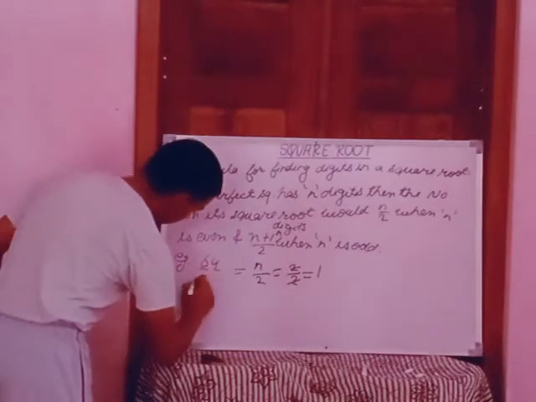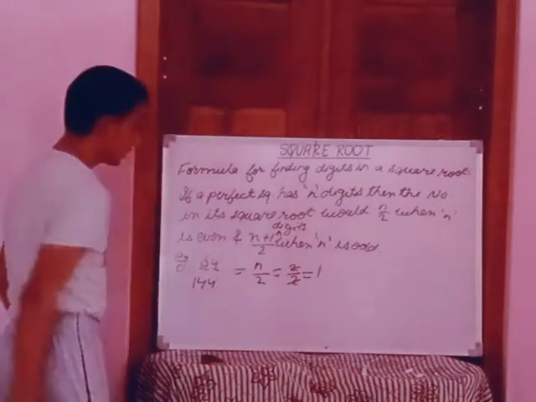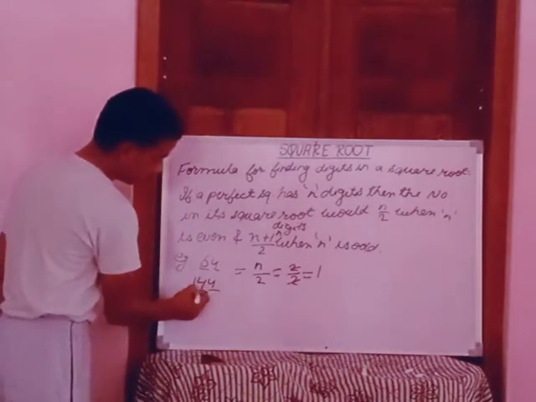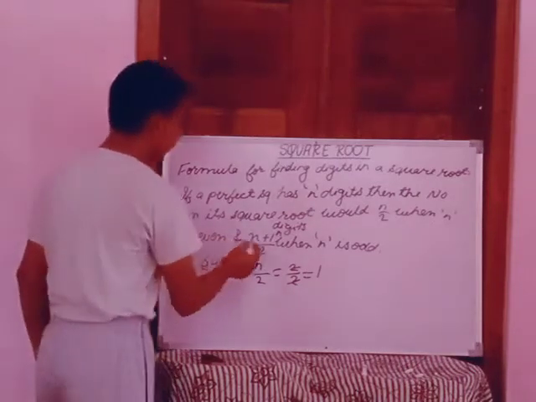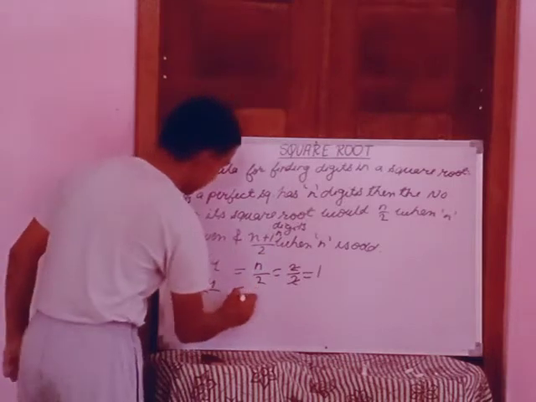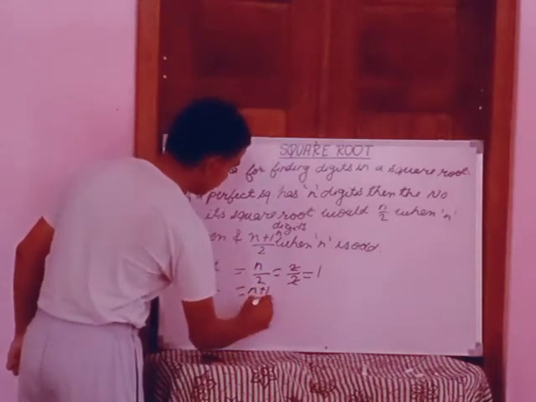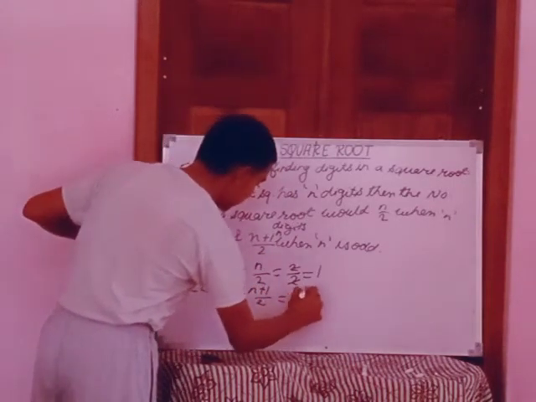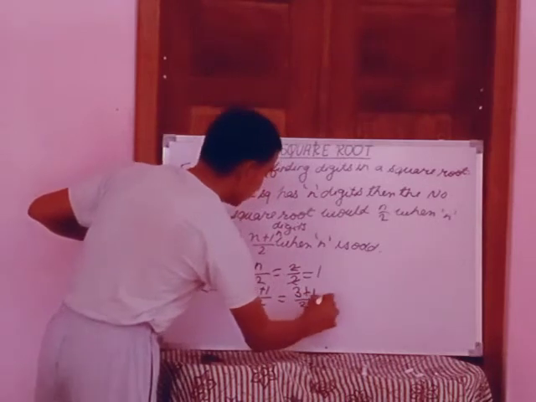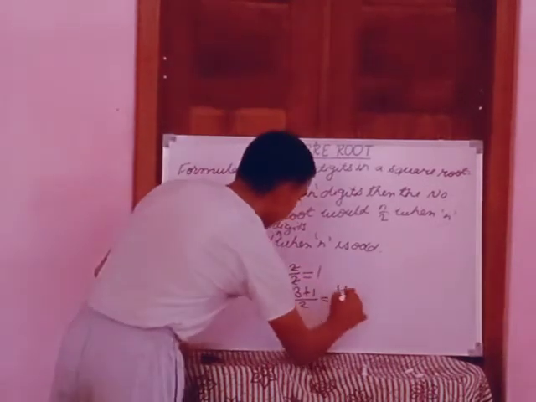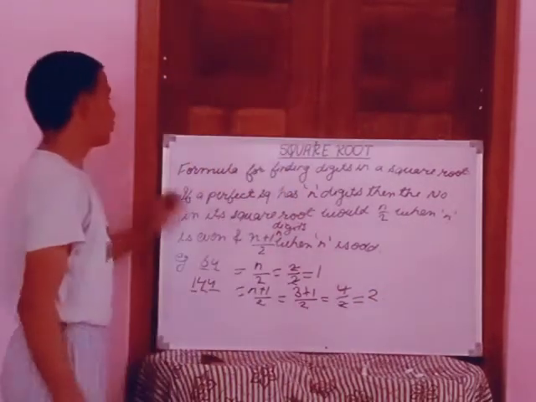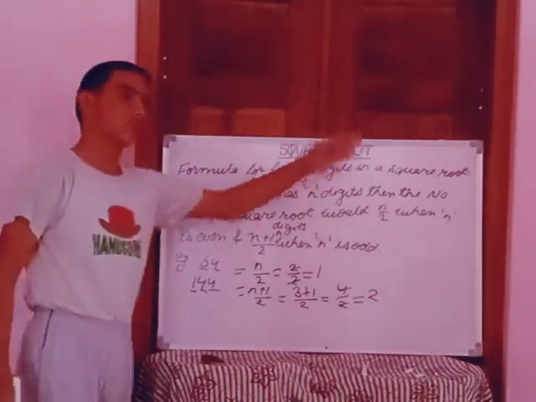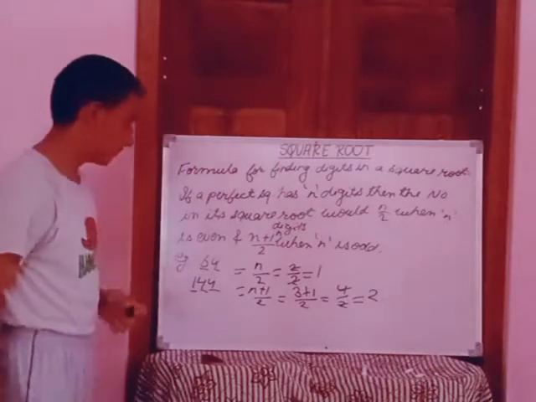If the number is 144, there are 3 digits. I told you that if it has 3 digits, which is odd, then we use this formula. n plus 1 by 2 means 3 plus 1 upon 2, means its square root would have 2 digits. So this was the formula for finding digits in the square root of a perfect square number.